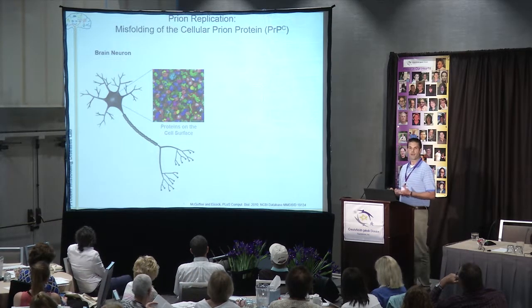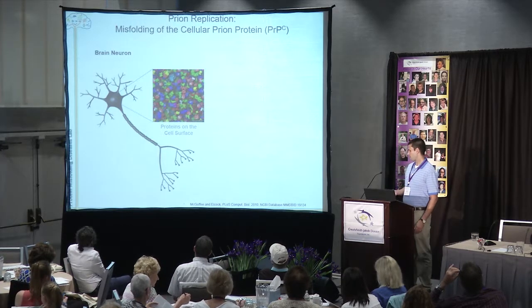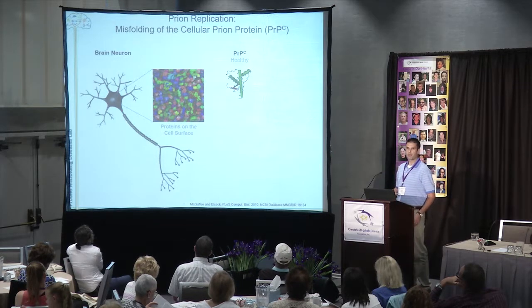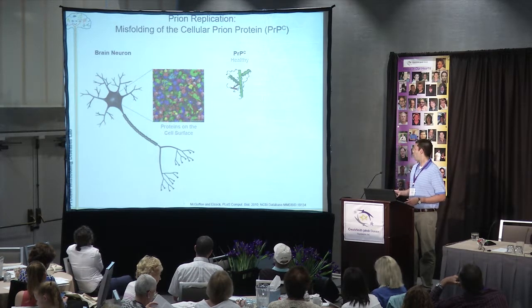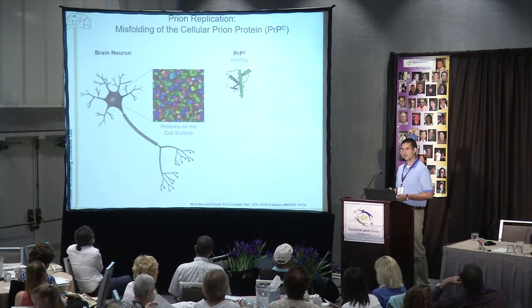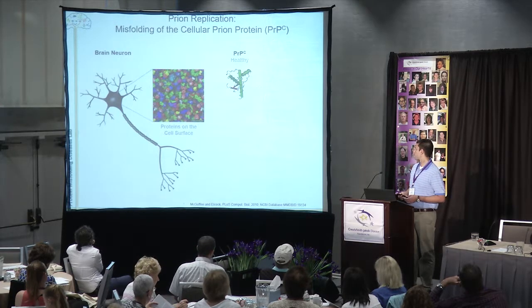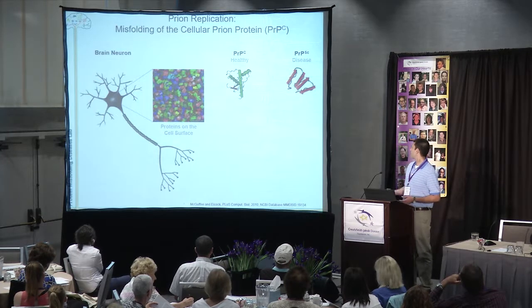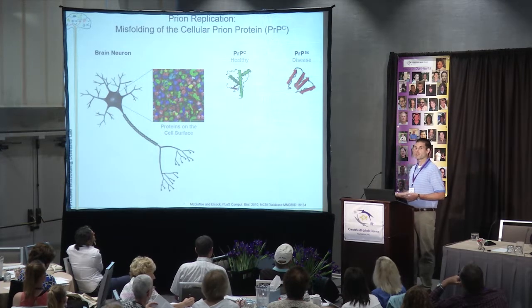These molecules are proteins, and among these proteins is the cellular prion protein, PrPC. Now PrPC is expressed by all individuals. It doesn't matter whether or not you have the disease, it's naturally expressed. When you have a problem is when it misfolds. And when it misfolds, it becomes known as PrP scrapie.